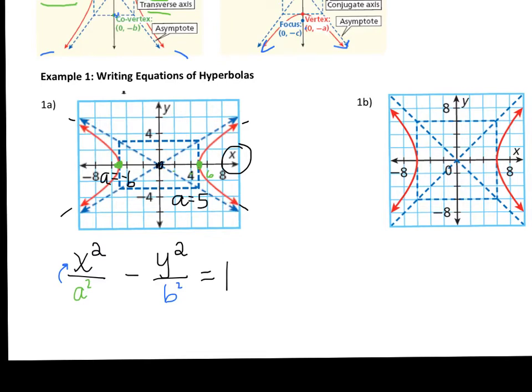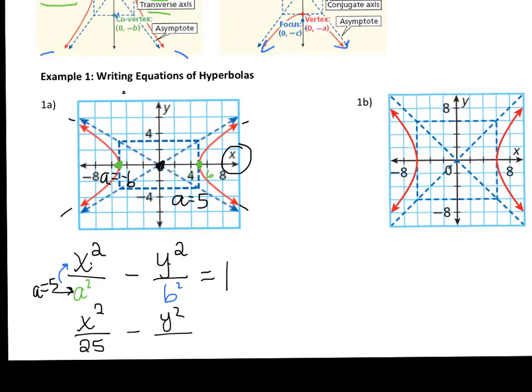Notice also that this hyperbola is centered at 0, 0, so we don't need to worry about subtracting anything from the x and the y. So a is 5, which means we're going to square it and plug it in right there. So our answer will be x squared over 5 squared, which is 25.